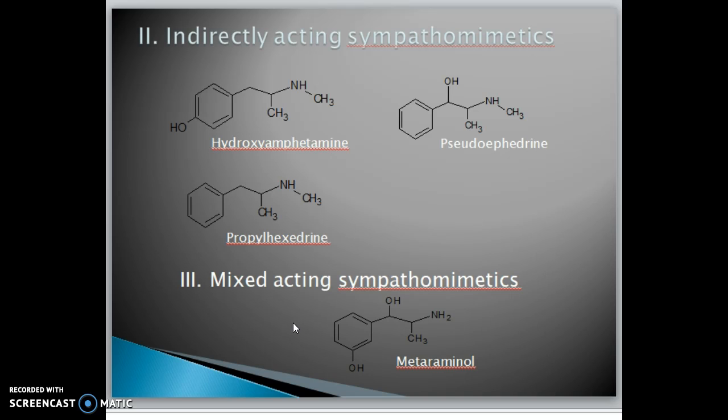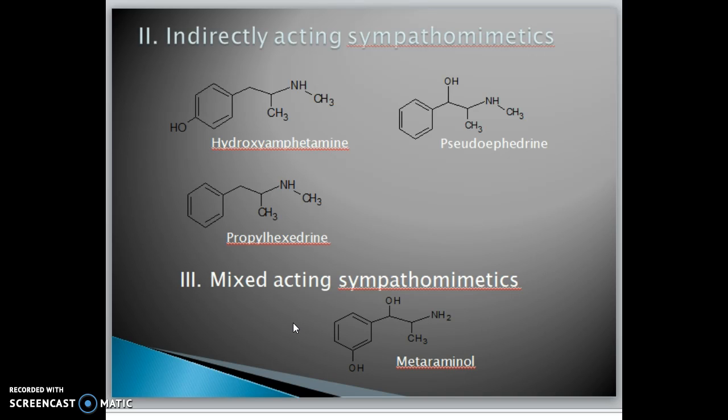Apart from directly acting and indirectly acting, we have some mixed acting sympathomimetics. Under that, one example is metaraminol. Mixed acting sympathomimetics means they may act directly or indirectly, and they may have their action at both alpha as well as beta receptors. That's why they are classified as mixed acting sympathomimetics.